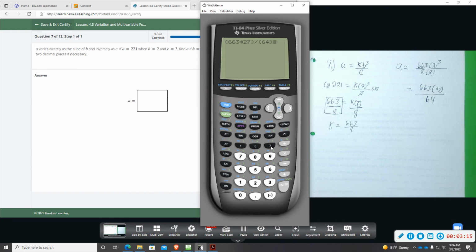It's helpful, if you're going to use the calculator, to put the whole numerator in parentheses and the whole denominator. That will help eliminate any possible mistakes you might make, because if you just try to type it in like this, order of operations will take over, and it may not do it correctly, so just be careful with that.